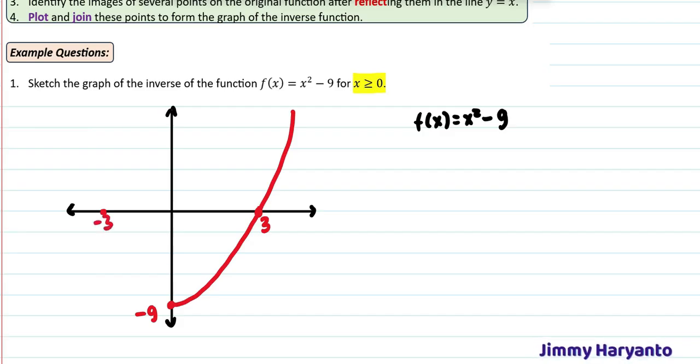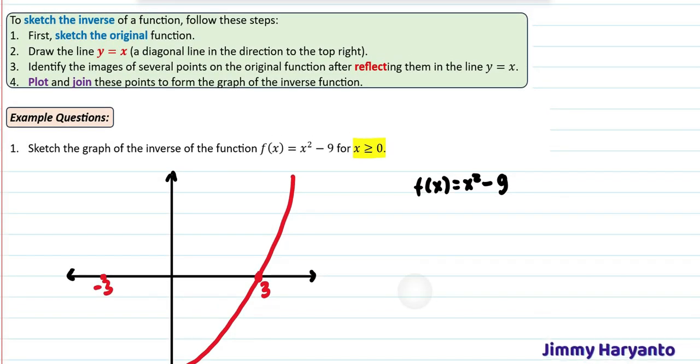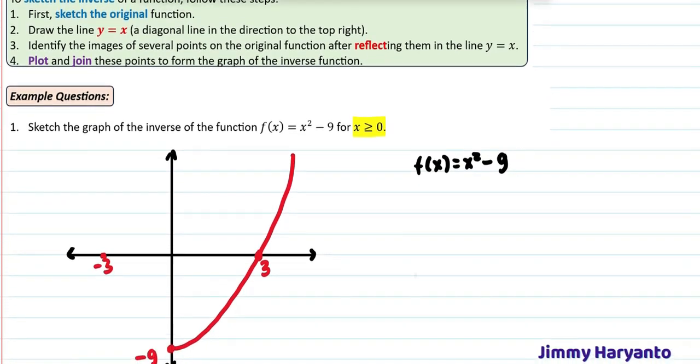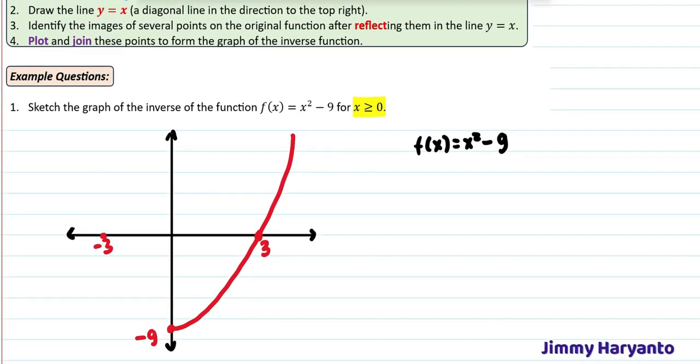Okay. Next is we have to draw the inverse. So this is the first step, which is sketch the original function and then draw the line y equals x. Y equals x will be like this, diagonal to the top right, and then this will act as our mirror.